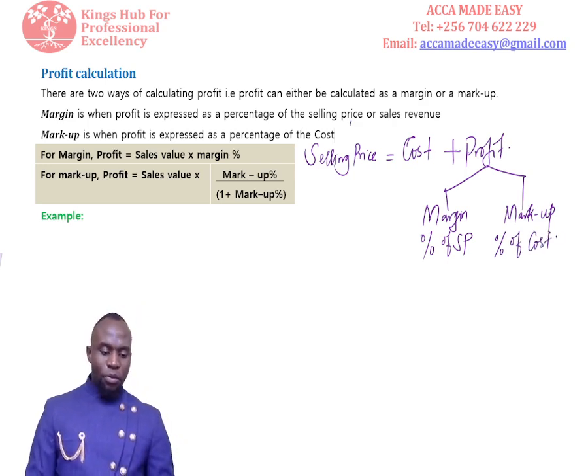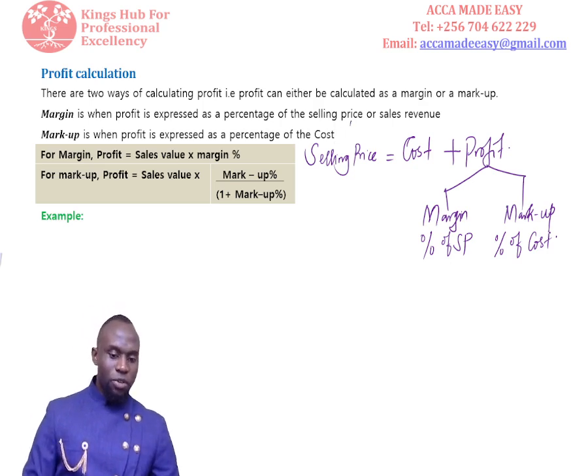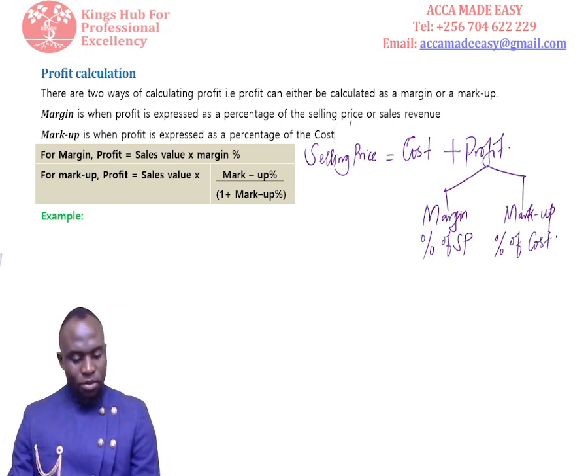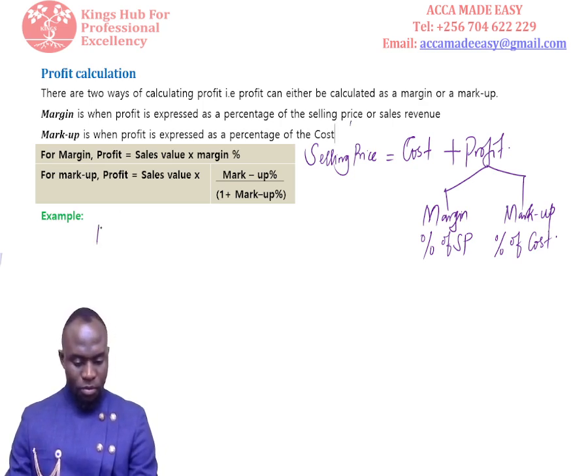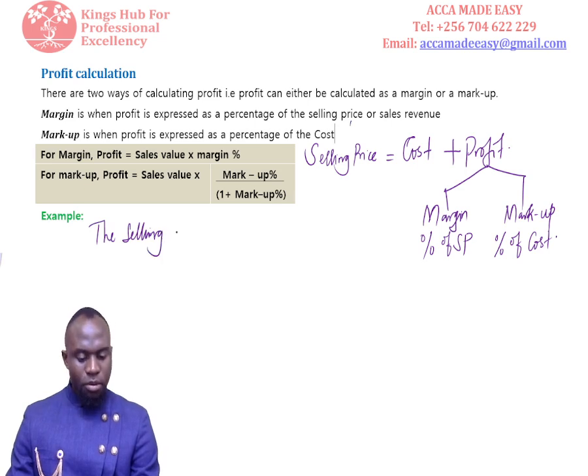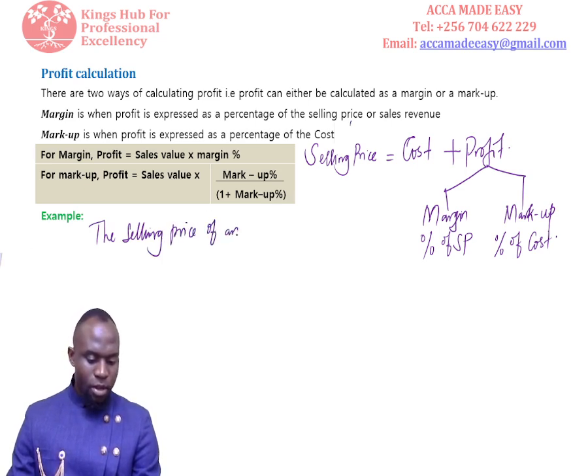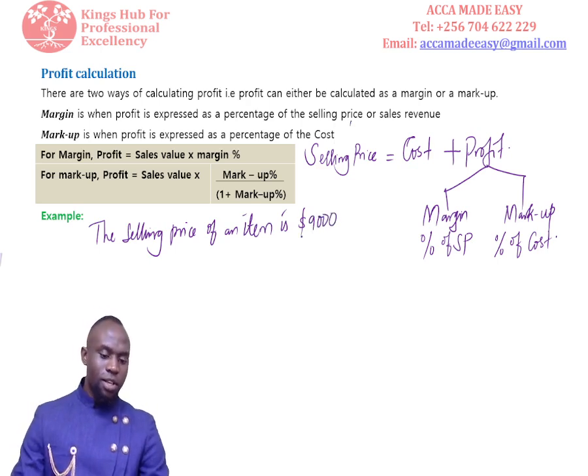So we can have a look at a question on this. Let me give you this example. Assuming the selling price of an item is maybe $9,000. That is the selling price.